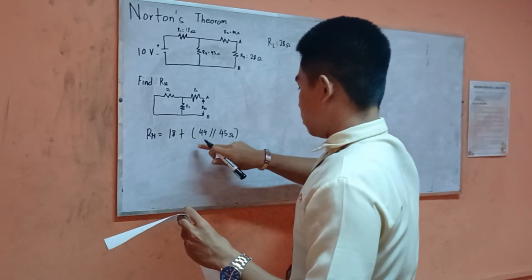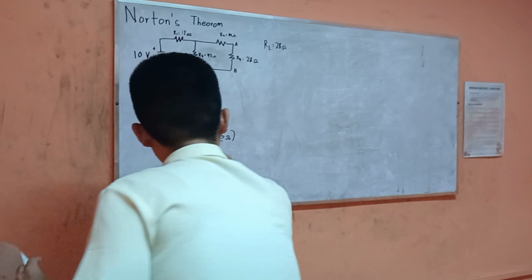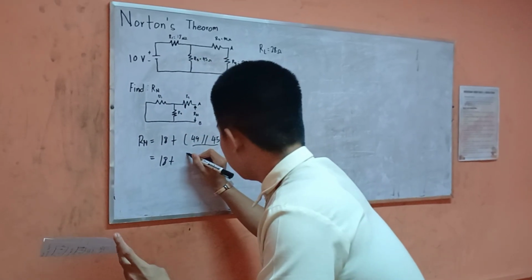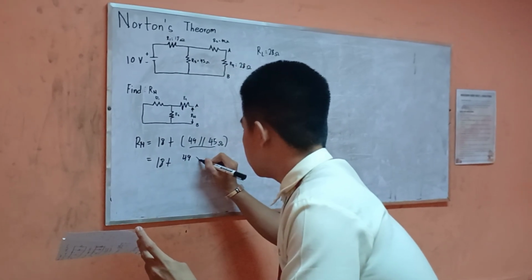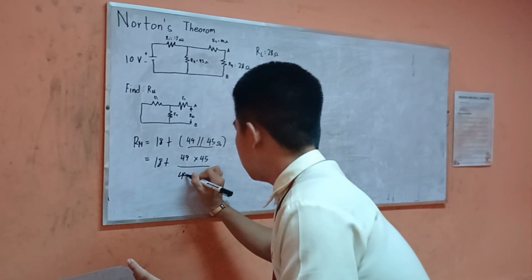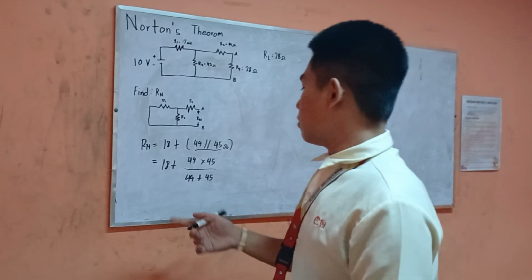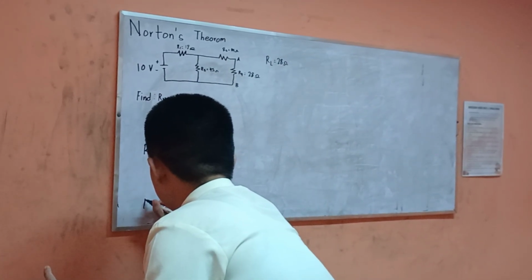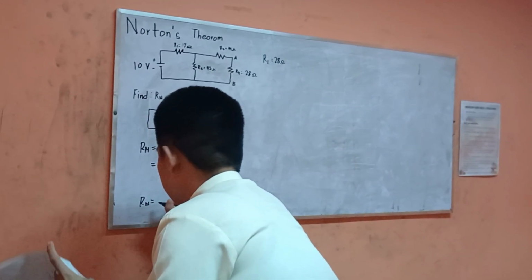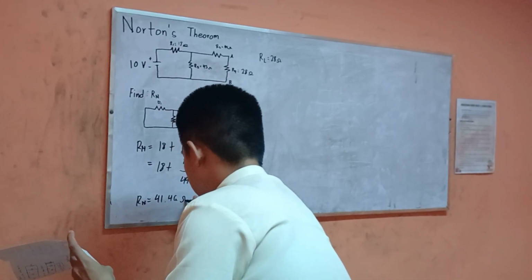So we need to rewrite this as 18 plus 49 times 45 over 49 plus 45, which, if you calculate it, gives Norton's resistance equal to 41.46 ohms.